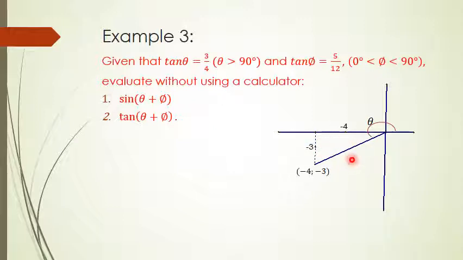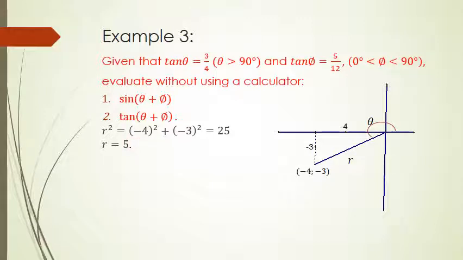Now we need to calculate r. Using Pythagoras theorem, r squared equals x squared plus y squared, and we have said the x coordinate is -4, y is -3. So that's (-4) squared plus (-3) squared, which gives us 25. Taking the square root gives r equal to 5. Remember, r is a length, and a length is always positive.